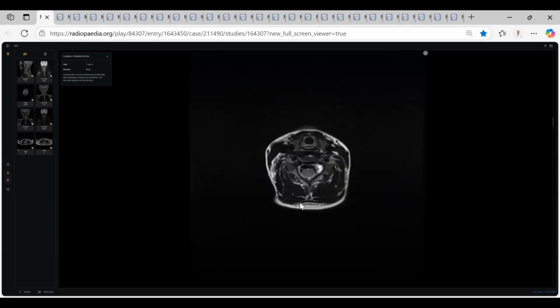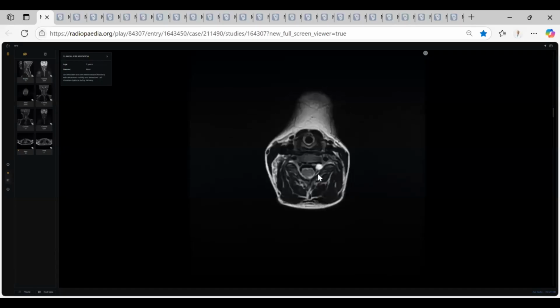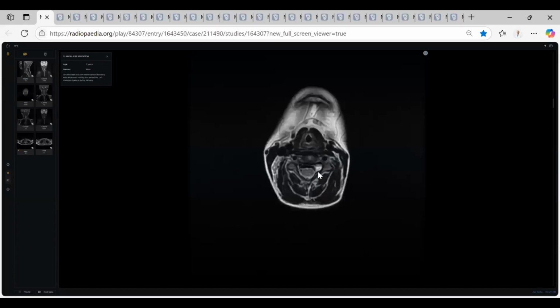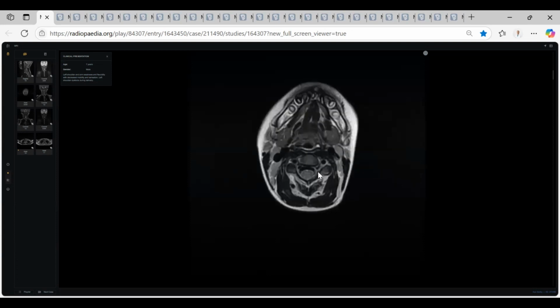What happened here? Okay, this is the region of interest. I see it in the cervical.